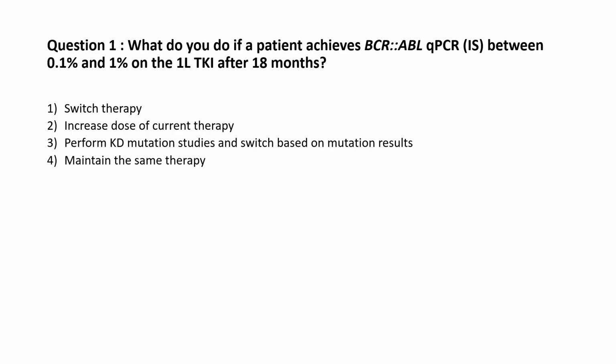So what do we do in a patient who has achieved BCR-ABL between 0.1 and 1 in first-line TKI after 18 months? Switch therapy, increase the dose of therapy, do a KD mutation and then switch based on mutation, or maintain same therapy. Can you all please vote?